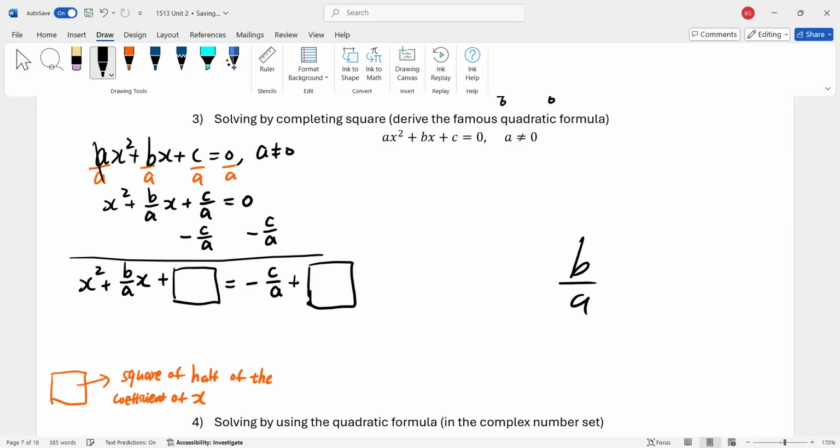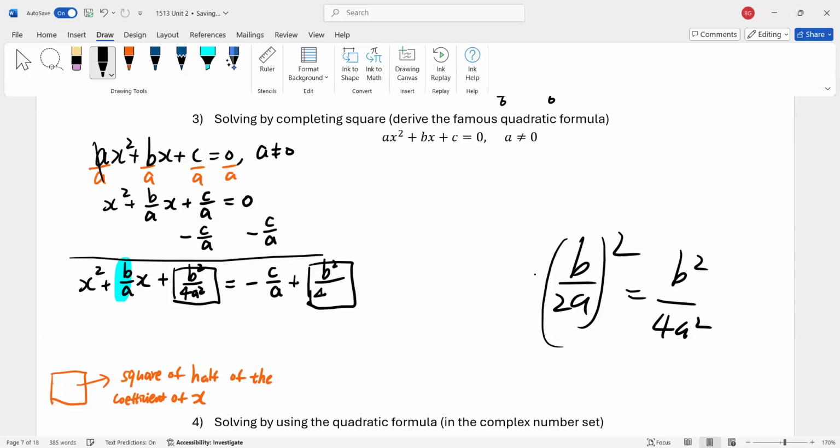Coefficient of x is b over a. What's half of it? B over 2a is half of it. And then to the power 2, and that is b squared over 4a squared. We do the same thing on the right side: b squared over 4a squared.